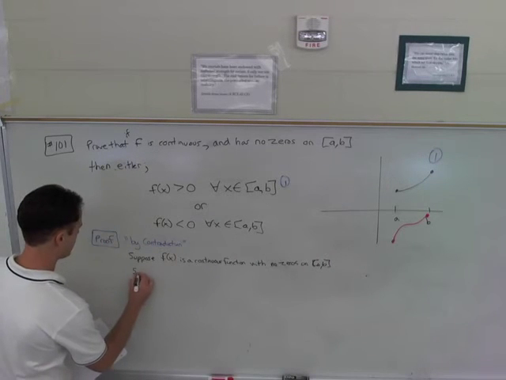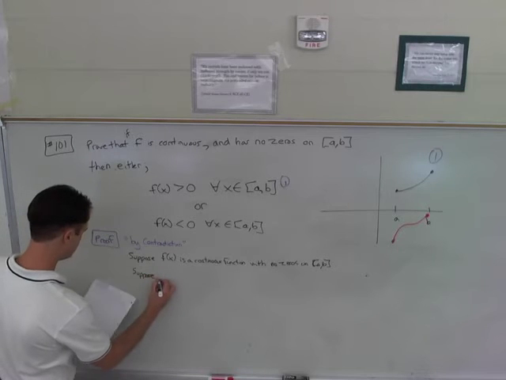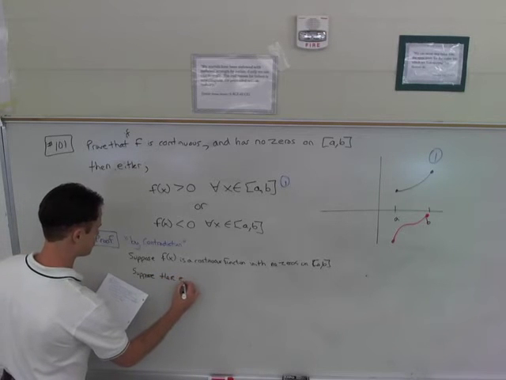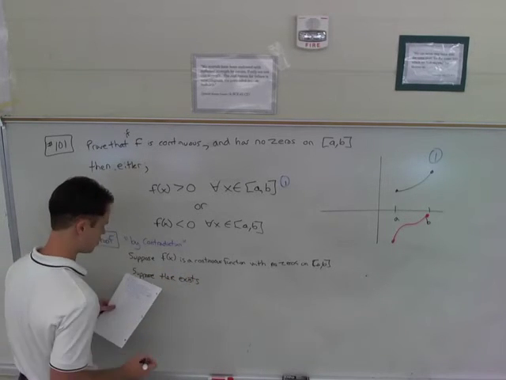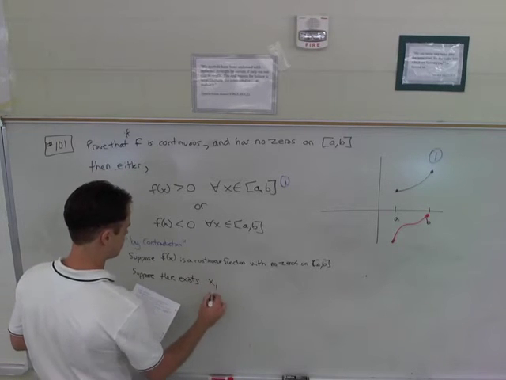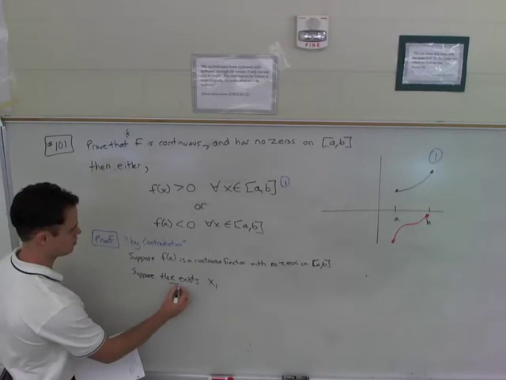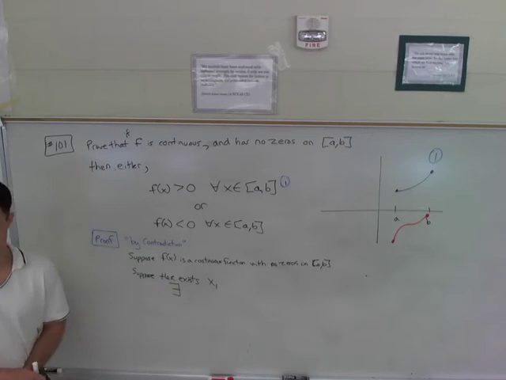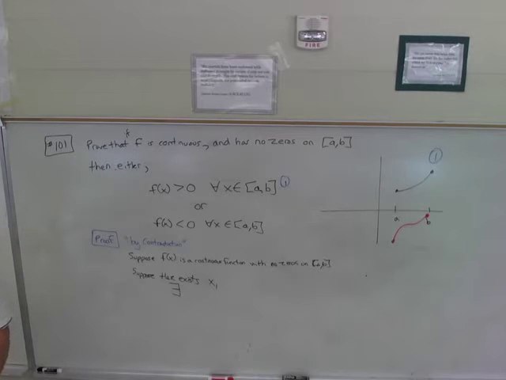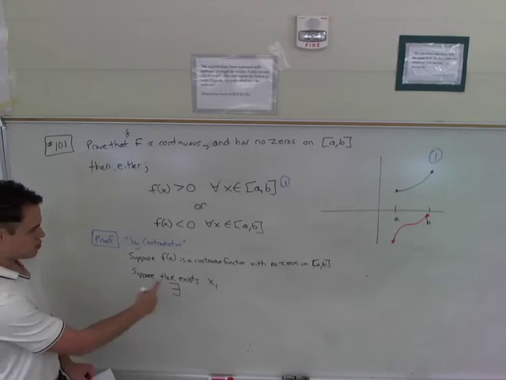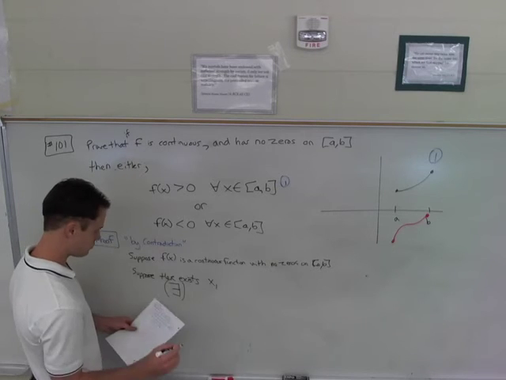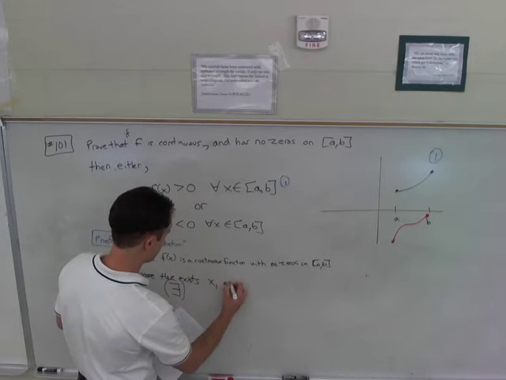As long as that's true, now here's where I do the contradiction part. I say, okay, suppose now there exists, there's a symbol for that, it's like a backwards capital E, I'm not going to write it. So suppose there exists an x1 in that interval.